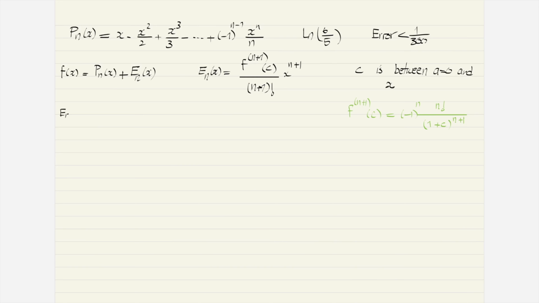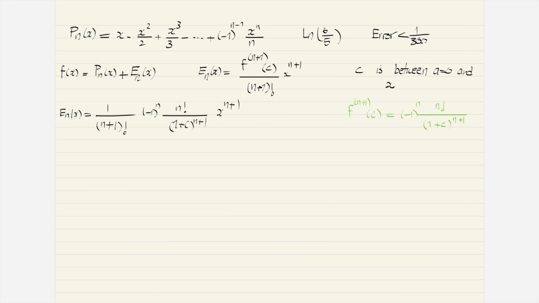So e sub n of x is equal to 1 over n plus 1 factorial. Yes, I wrote it here, but instead of this I put this expression, so it becomes minus 1 to power n factorial 1 plus c to power n plus 1, and then finally, as you see, I have x to power n plus 1.